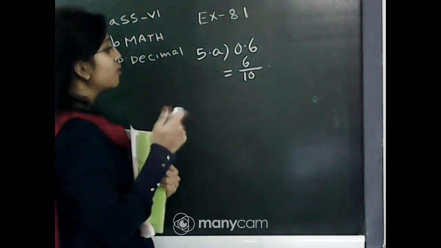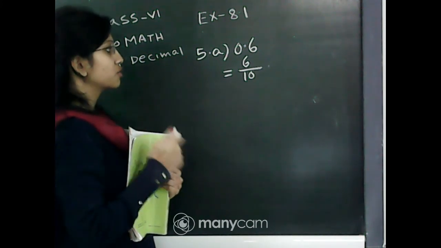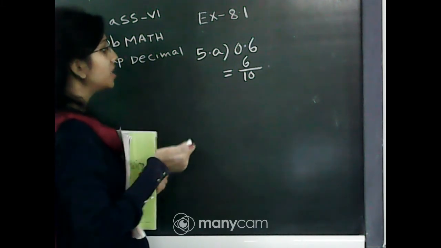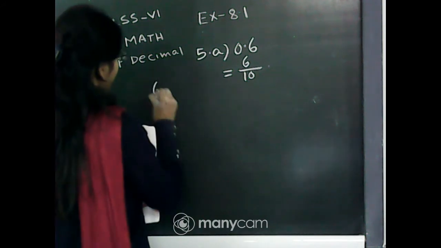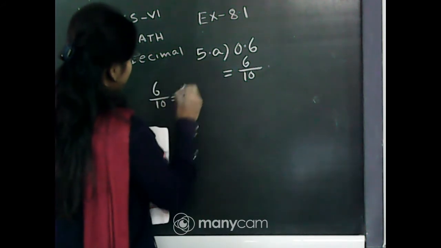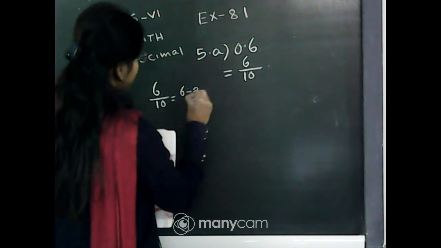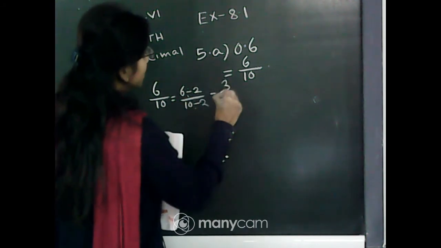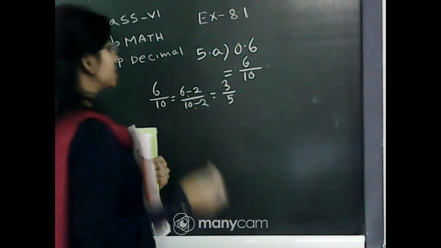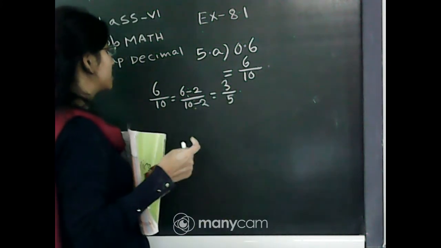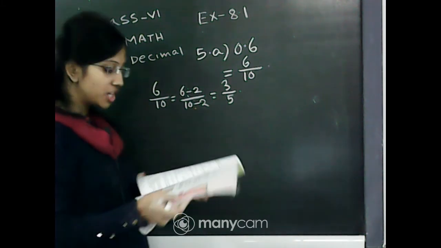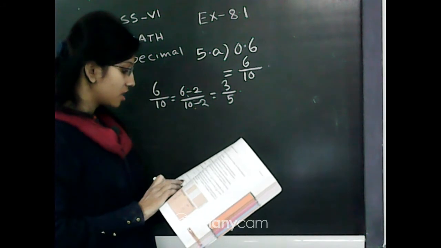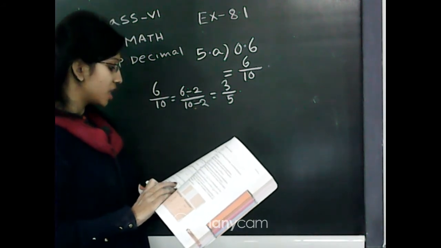Since HCF of 6 and 10 is 2, therefore, to get the simplest form, we divide both the numerator and the denominator by 2, and we get 3 divided by 5. Therefore, the simplest form of the fraction 6 divided by 10 is 3 by 5. Clear? Next question is 2.5, question number 5b.